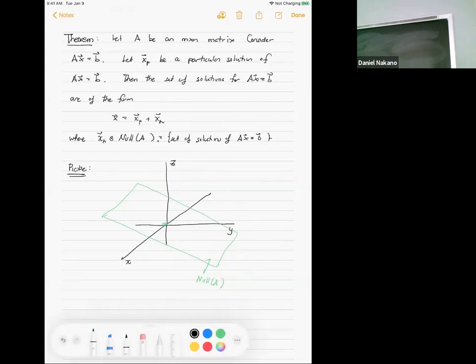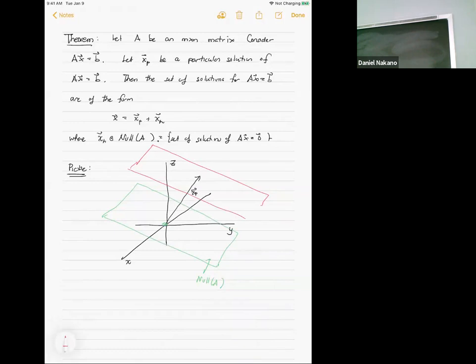Okay, so let's use black again. What I can do is take a particular solution, let's call this x of p. And to get all the solutions, I just translate the null space up to the tip of x of p. So let's do that here. Let's change that into red. And we get a plane which is parallel to this, but now it's kind of stuck up here. So that point is actually on the plane.